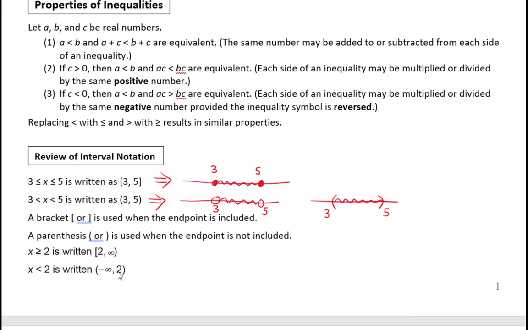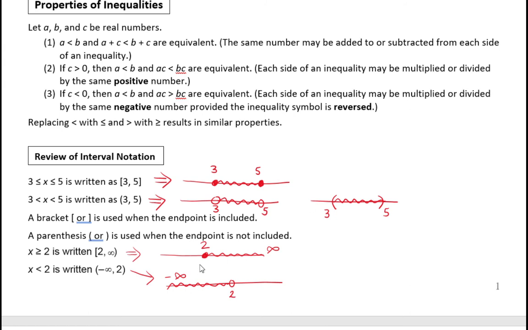There's also another case. If you have the infinity symbol, that means it's not included because infinity is not a number. For example, when we say the value is greater than or equal to 2, we represent 2 with a bracket and infinity with a parenthesis. This represents all the numbers including 2 and the ones after 2. Similarly, for this one, negative infinity is on the left side and 2 is on the right side, and you take all the numbers less than 2, and 2 is an open circle.